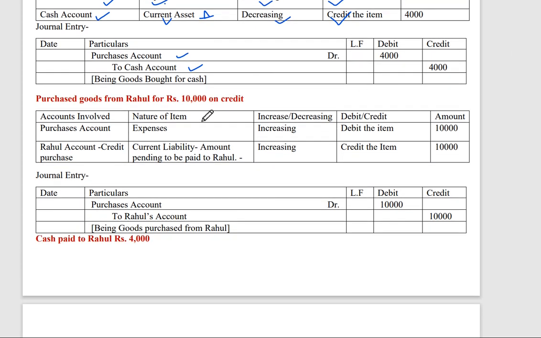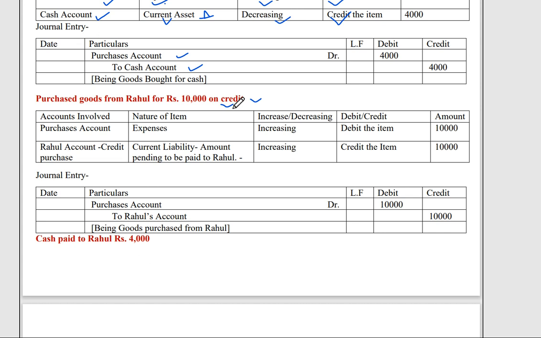Next, purchased goods from Rahul for rupees 10,000 on credit. Accounts involved here are purchase account, as in the previous example, because goods were bought. Yes, these goods are also purchased for the purpose of business operations, but here the twist is they have specified that it is from Rahul on credit basis.